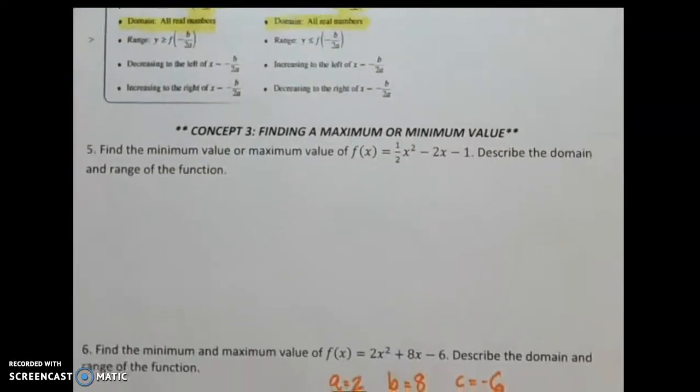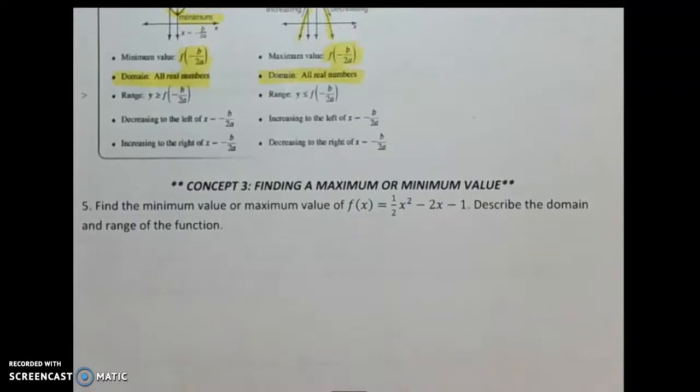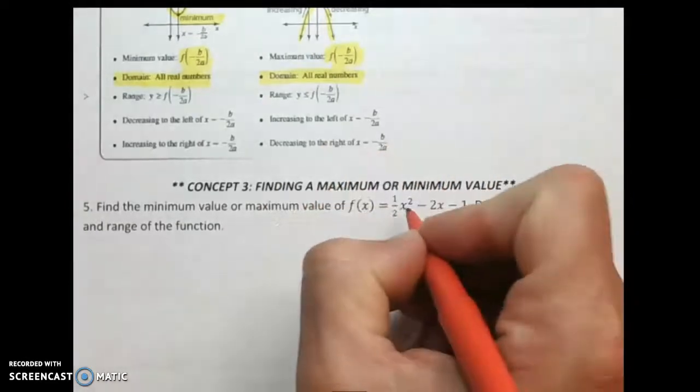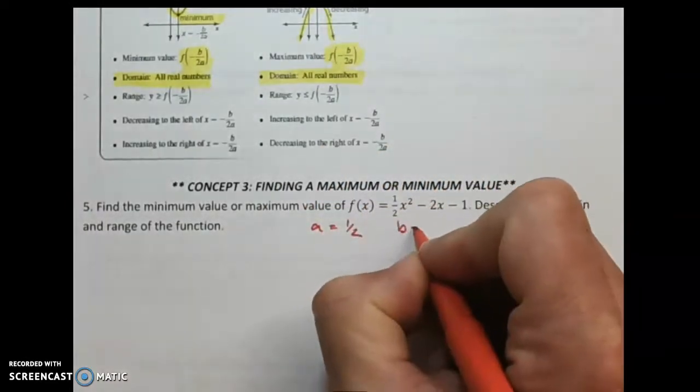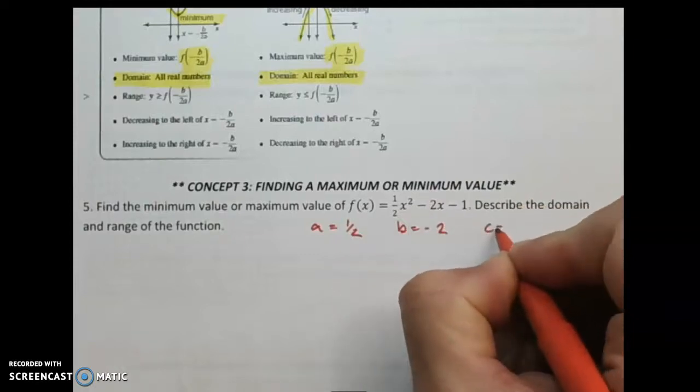I'm going to scoot on down and let's work with number 5. Concept number 3, finding maximum and minimum values. So it's one or the other. Alright, so here we go. What I have is a equals 1/2, b equals negative 2, and c equals negative 1.